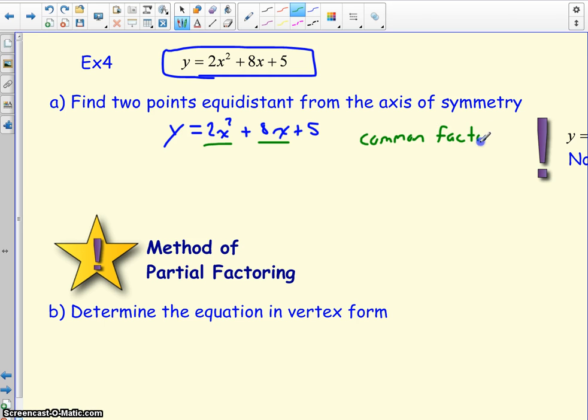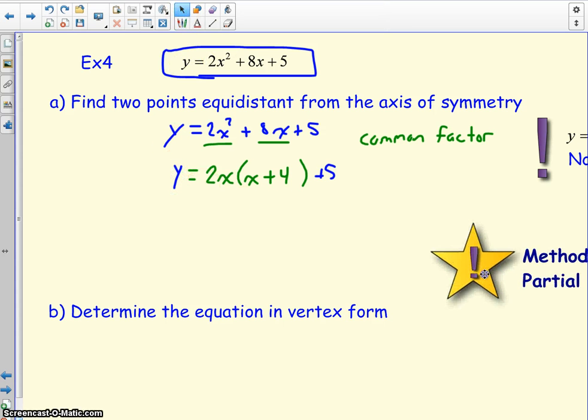If there's more you can take out, that's even a bigger bonus. But between 2x squared and 8x, I can take out a common factor of 2x. What's left over from just these two terms? If I take 2x out of 2x squared, I get x. If I take 2x out of 8x, I get plus 4. So I have 2x times bracket x plus 4 with my plus 5 still hanging around. And in that one step, I am now in partially factored form.